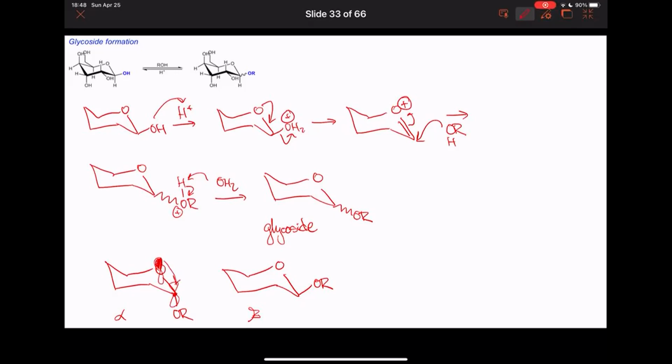So think hyperconjugation, like when we were talking about carbocations. Since you have that additional stabilization by sharing of the electron density, your alpha form becomes more stable than you would anticipate. Okay.